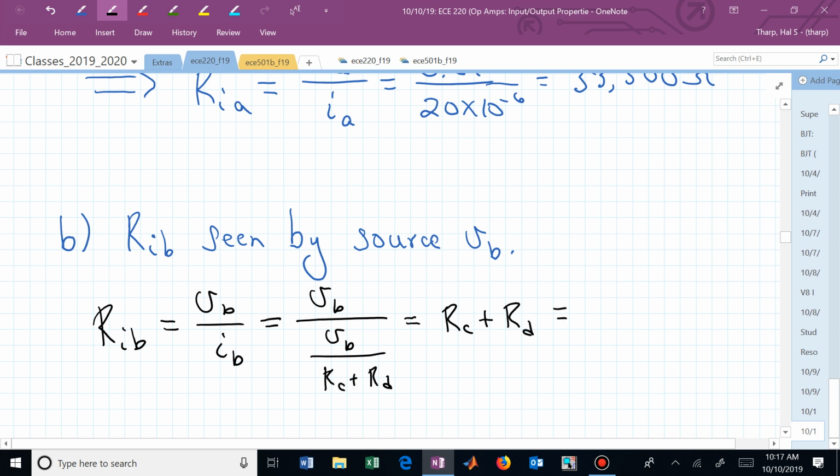And if we in fact plugged in the numbers, source B sees something different in terms of resistance than source A. And it's interconnected more directly to different resistors, so you would expect that.